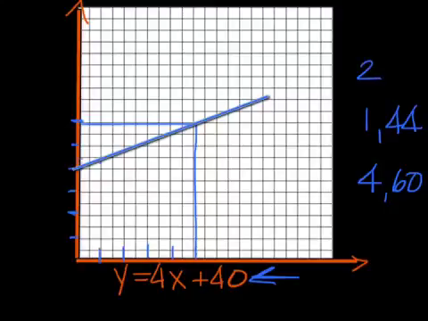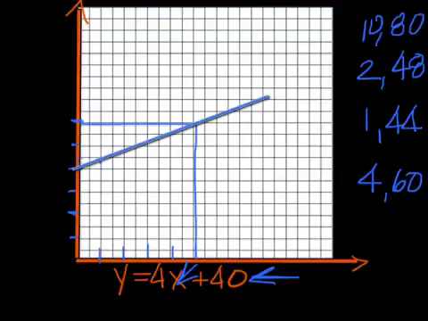What if I had 2 right? 2 times 4 is 8 plus 40? 48. What if I want something that's going to fall right on a 10? What if I put in a 10 right here? 10 times 4 plus 40, 80. So you can plot as many points as you want to make it accurate all the way through, and not just use the first 2 points that you have.